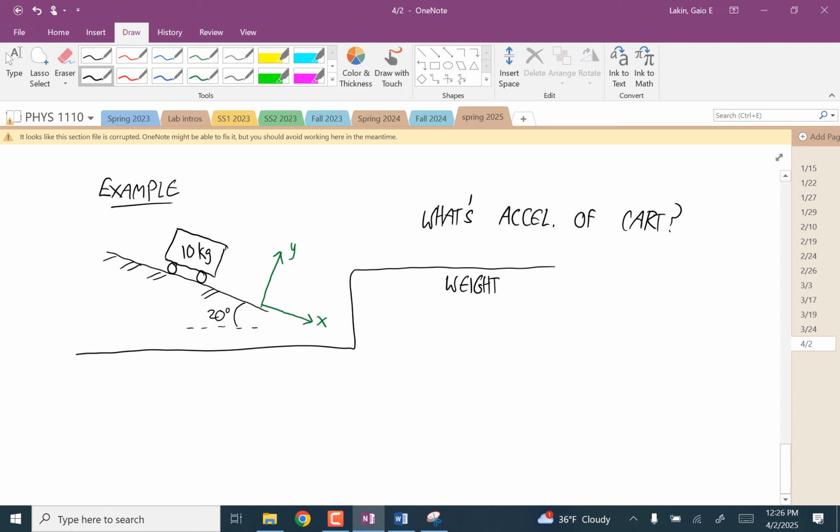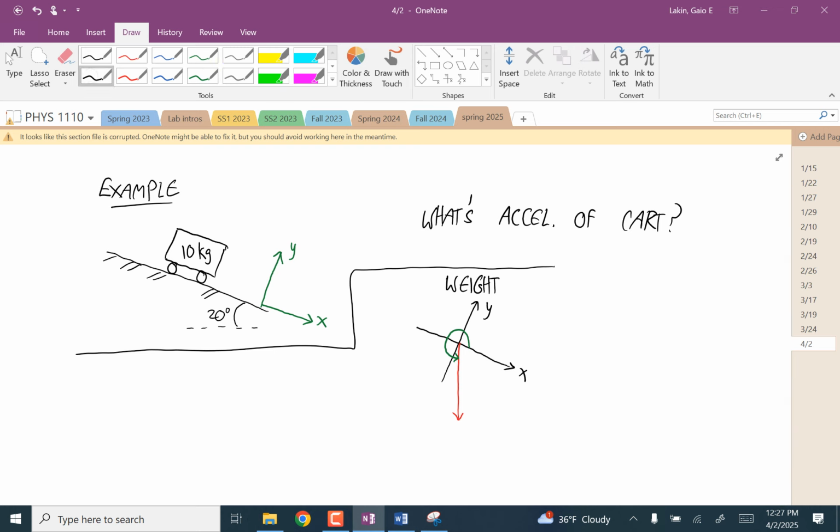So the coordinate system is this. The weight force is this. From the positive x-axis to the weight force vector, is that counterclockwise angle going to be 270 plus 20 or 270 minus 20?